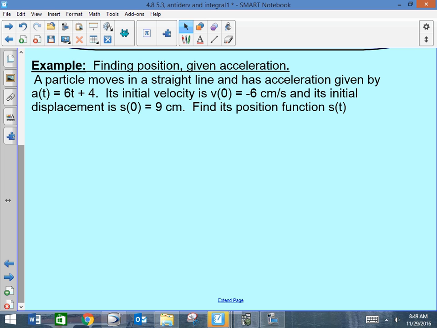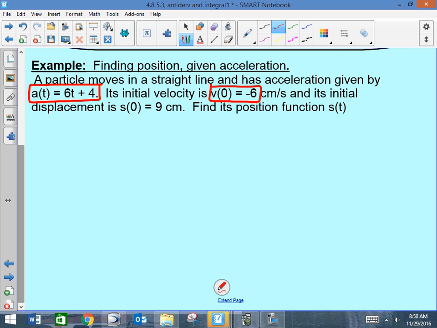The particle moves in a straight line and has acceleration given by a of t equals 6t plus 4. Its initial velocity, v of 0, is -6, moving backwards, and its initial displacement is s of 0 equals 9.